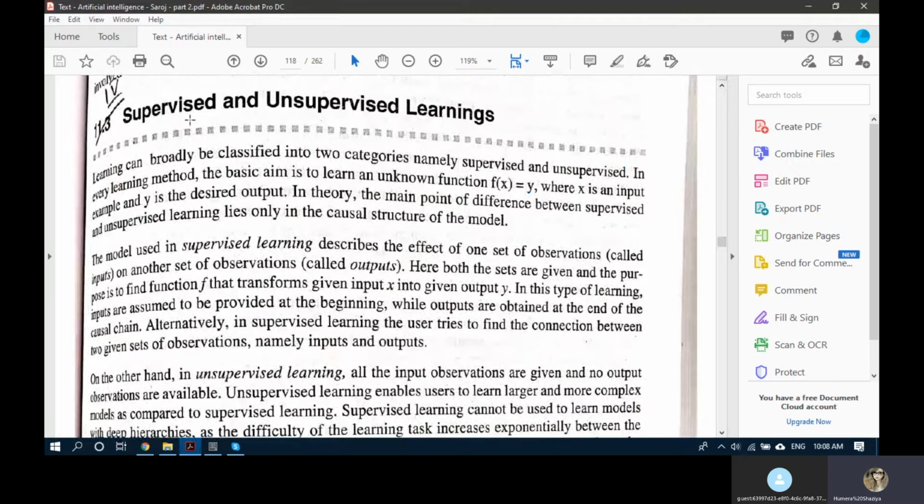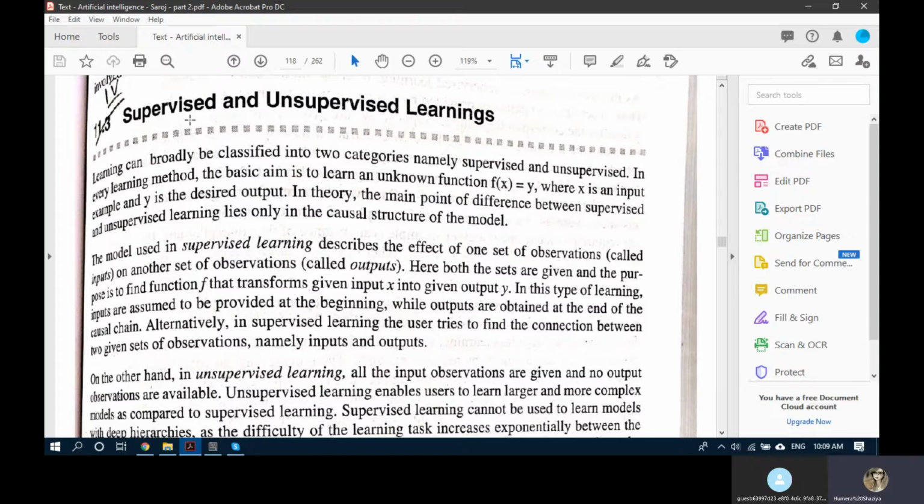Supervised learning, in which the input and output both are specified, and what happens is the machine has to go through the training phase and has to check whether the output that it has obtained through the process is the same as the actual output which is mentioned in the data set.